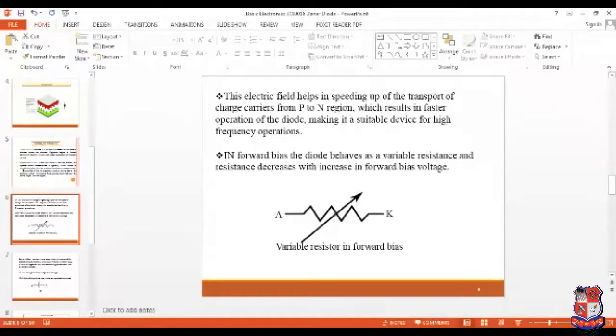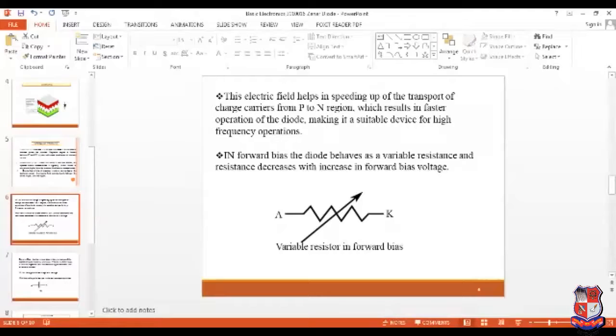Now in forward bias, the holes will move here and the electrons will move here. This is known as double injection of carriers. Due to the injected carriers, the resistivity of the I region will reduce. When you use it in forward bias, this diode is used as a variable resistor.